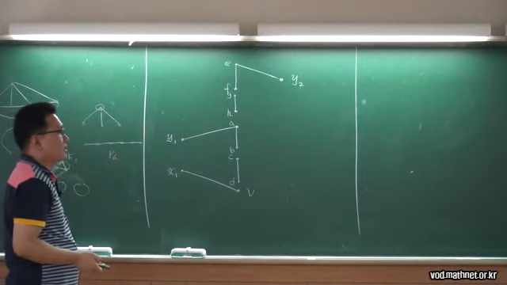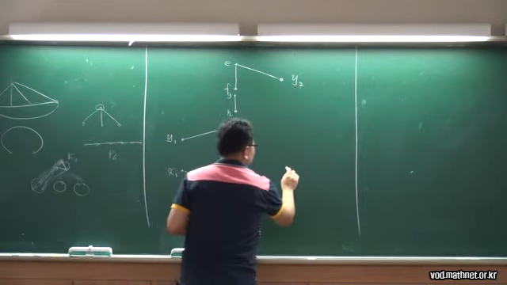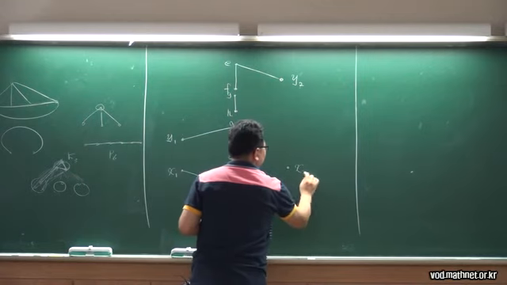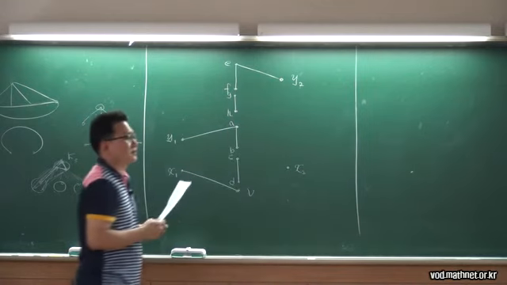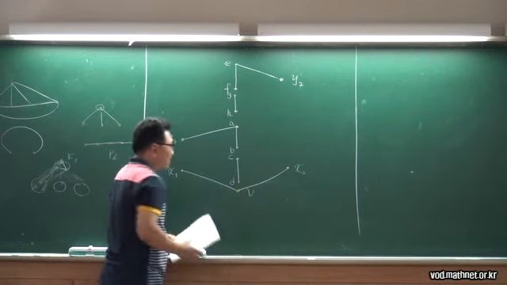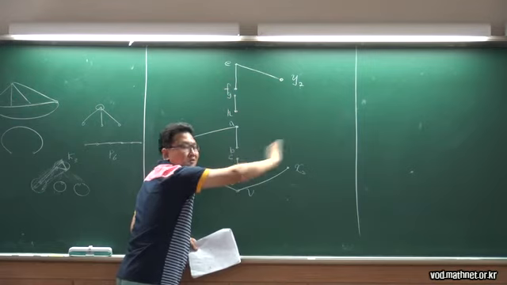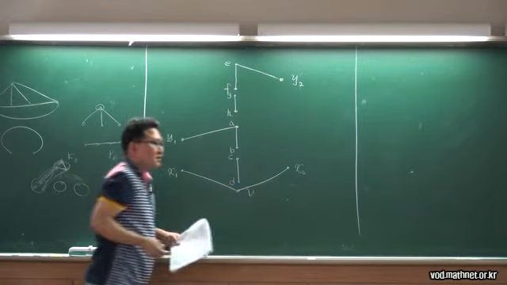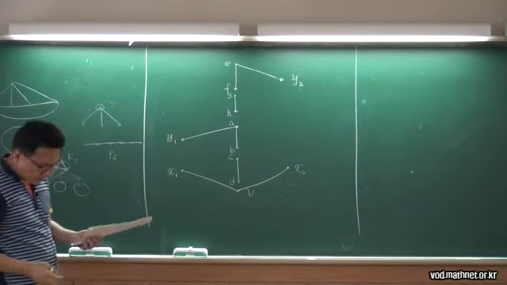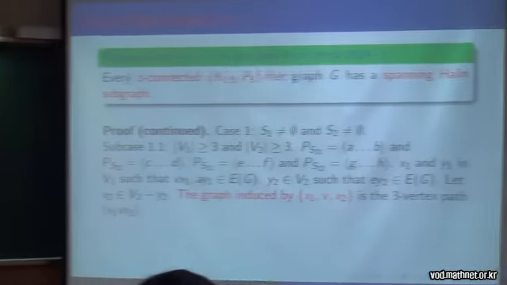Now we pick X sub 2 in here. Of course, this is adjacent to this one, because this is the S2 prime part, so it is adjacent to all vertices in here. So there is an edge between those 2.